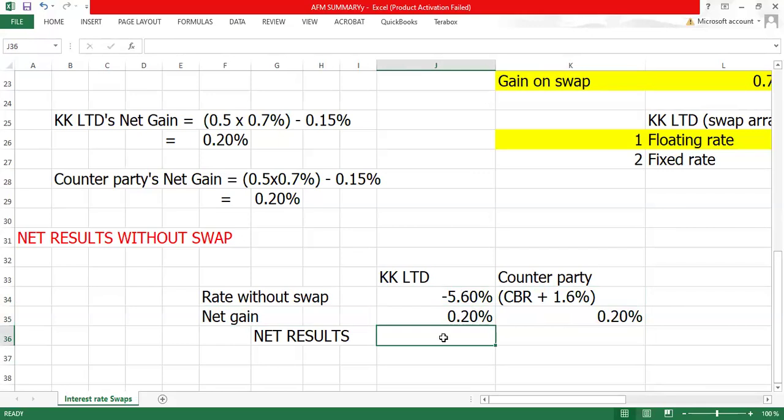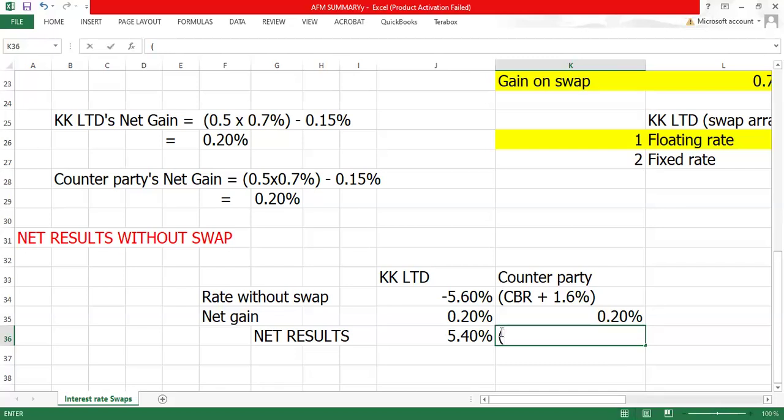Put some speed. It's 5.4. Then here it will be your CBR plus what? Here you are getting negative 1.6 plus 0.2.